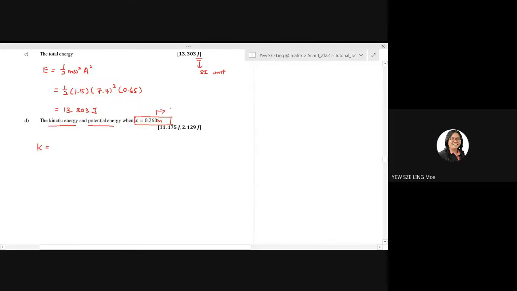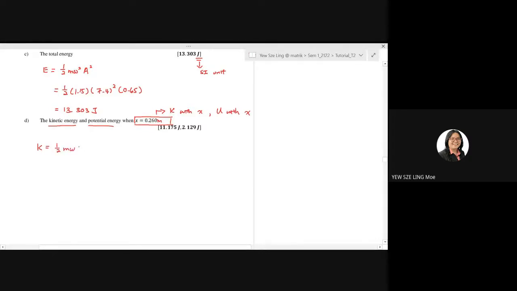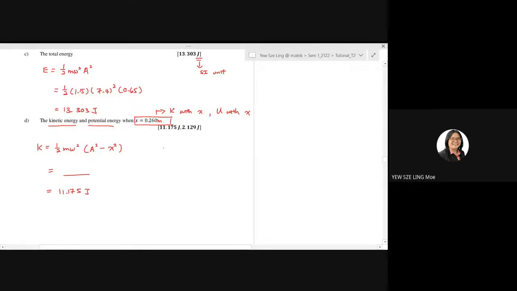You need to use K with x, and also U with x. So K with x, I have K equals 1 over 2 m omega squared (A squared minus x squared). So you plug in the value and eventually you will obtain 11.175 joule.